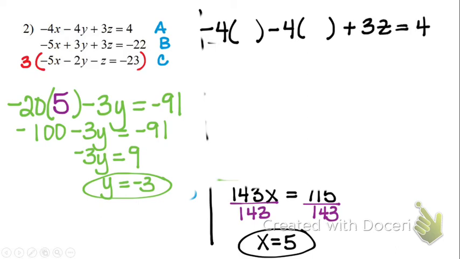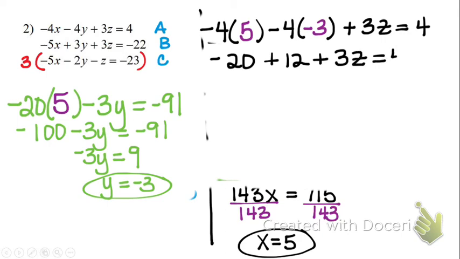Okay. So we know that x is 5. And we know y is negative 3. So that would be negative 20 plus 12 plus 3z equals 4. Combine your like terms and solve that for z.